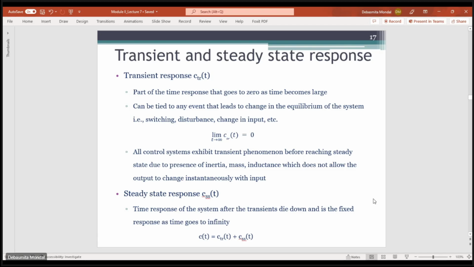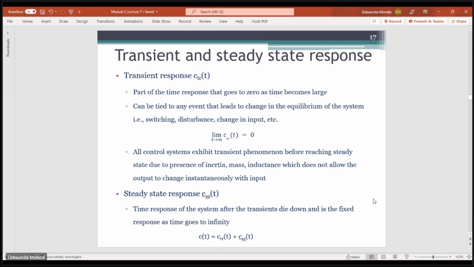transient response. And the transient response is generally generated whenever there is any change in the input from the equilibrium position. Let's say your equilibrium position means that it is maintaining a fixed position.